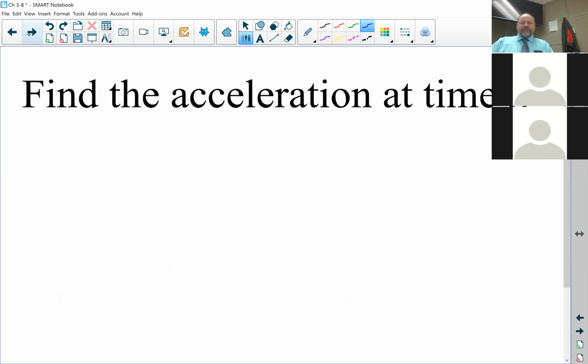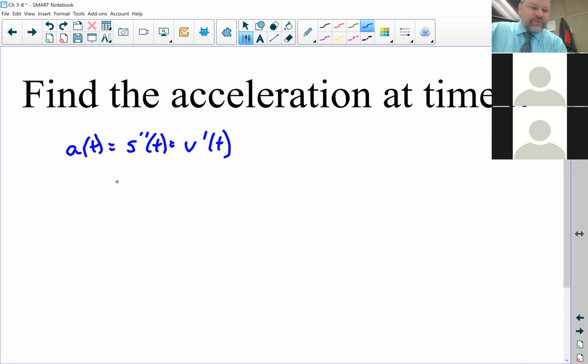Find the acceleration at time t. Well, acceleration is the second derivative of position or the first derivative of velocity. So we know what our velocity function was. So acceleration is just going to be our derivative.